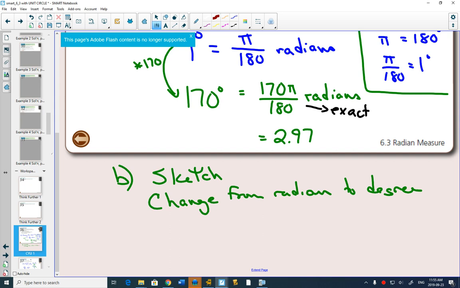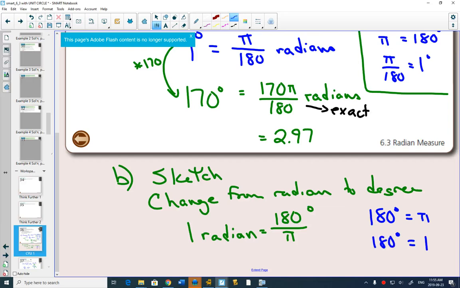Again, some of you will memorize the fact that 1 radian is 180 over pi degrees. For others, you will figure it out. You will say, I know that 180 degrees is pi radians. If I divide both sides by pi, I get 1 radian is 180 over pi.